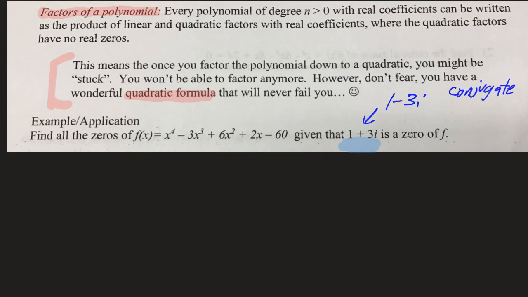So remember, complex zeros always come in pairs, okay? So 1 plus 3i means 1 minus 3i is also coming to that party. And let's see what we can come up with. Before we even look at our function, let's see what these two factors have told us. If I write them out as factors, here we go, x minus (1 plus 3i) and x minus (1 minus 3i).